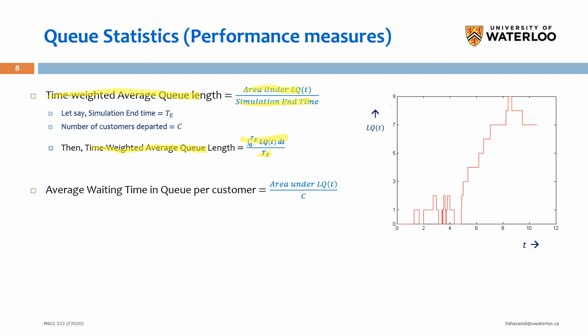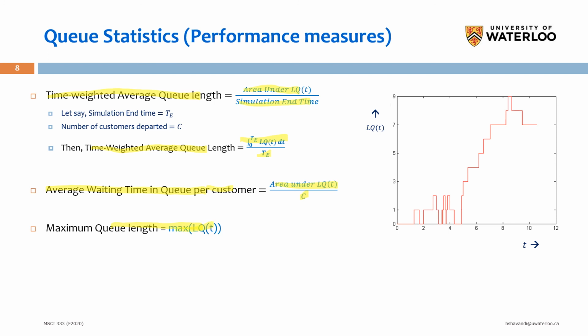If we divide that by C, the total number of customers departed from the system, then that will be the average waiting time in queue per customer. The maximum queue length can be easily obtained by taking the maximum of LQ(t).